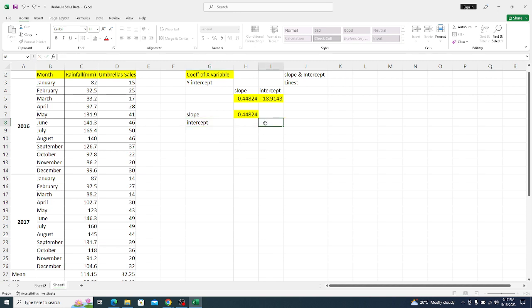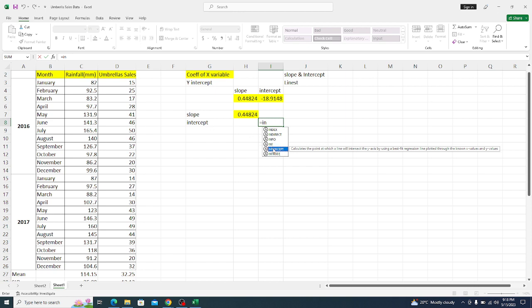Under the intercept, we are going to use the INTERCEPT function. You can see it calculates the point at which a line will intersect the y-axis by using a best fit regression line plotted through the known x values and y values.